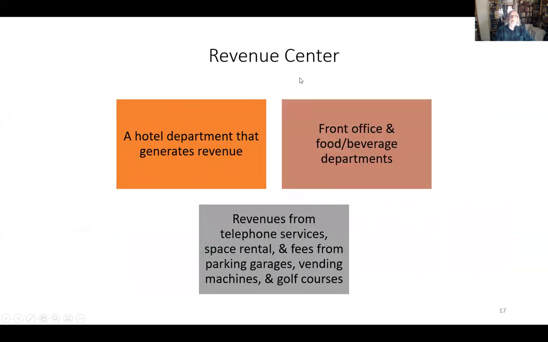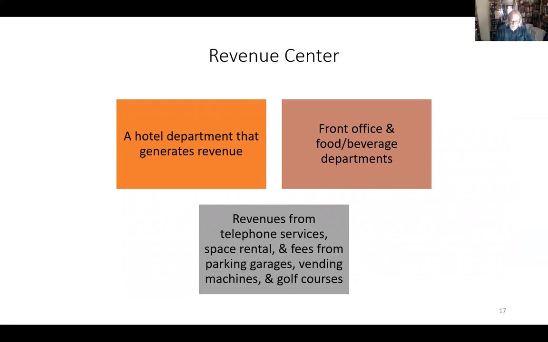Now, revenue centers, of course, are those places, those departments in the hotel operation where you generate a revenue stream. And so that certainly is the front office, and it's also the food and beverage department. But there are many other things here, as you can see from the list at the bottom here, that can bring in money for you.